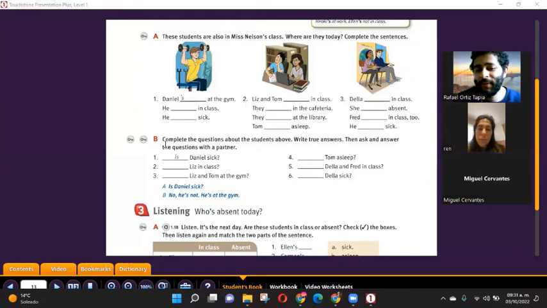So now we can move on to the next instruction. Would you mind reading the instruction, please? Complete the questions about the students, read through the answers, then ask and answer the questions with a partner.